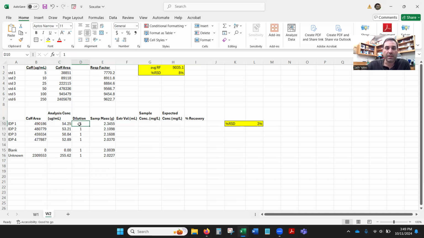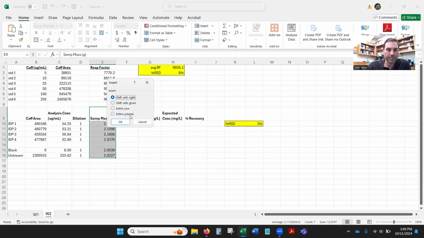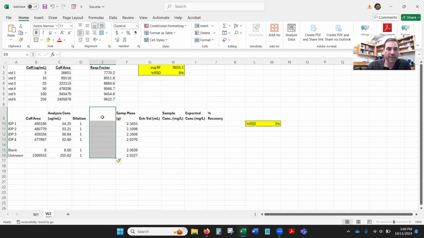So there we go. Now I'm going to apply my dilution factor. It looks like I need to insert a column here of 1, so we didn't dilute any of these. We just did the extraction and we analyzed the extract. So although this was the analysis concentration, it's also the same as the concentration of the extract of the liquid that we extracted directly out of the coffee grounds.